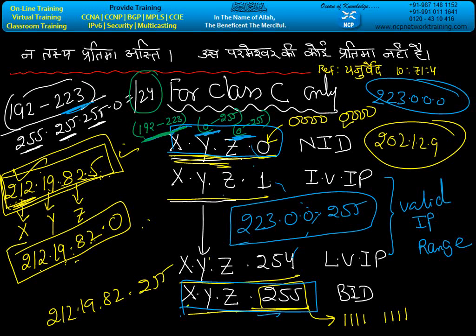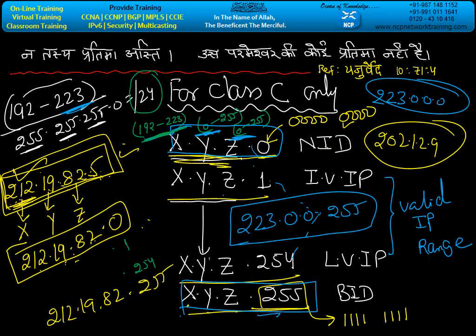My question was based on the range. The IP range from 212.19.22.0 to 212.19.22.255, between this range, is the valid IP address range. Valid IPs are from 1 to 254.